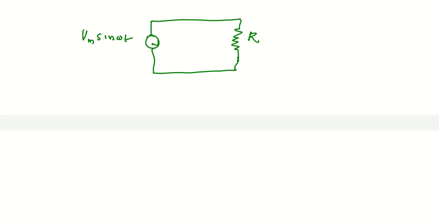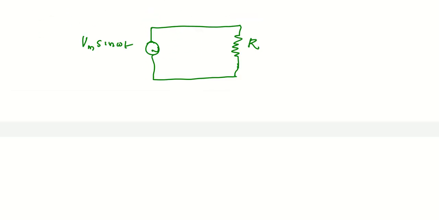We know that Kirchhoff's law says the sum of voltages is equal to 0. So by the loop rule, in a loop the sum of voltages, that is EMF, is equal to 0. Here the voltage is Vm sin omega t, and here it is minus IR.